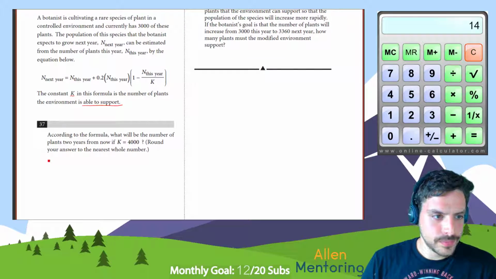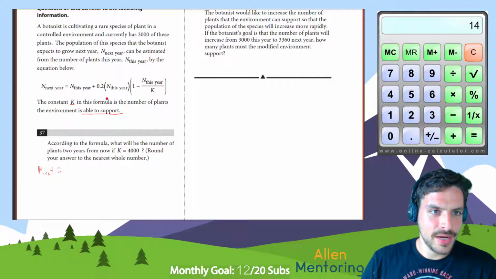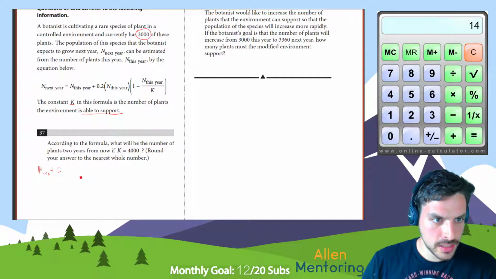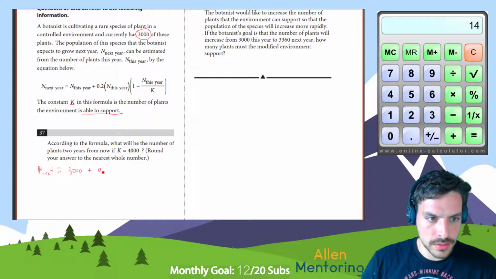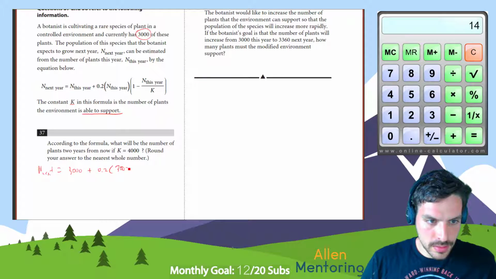So let's start. So N of next year is equal to N of this year, which is 3,000, right? Because currently they have 3,000. So 3,000 plus 0.2 times 3,000 times 1 minus 3,000 over 4,000, right?